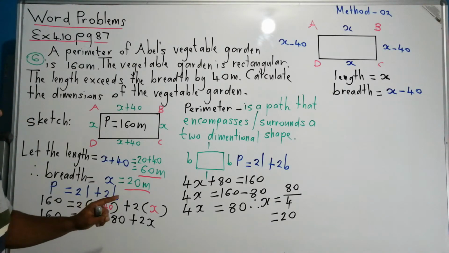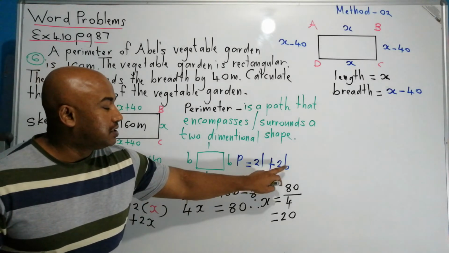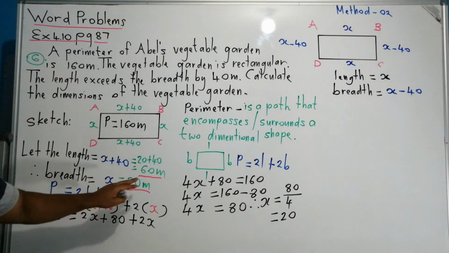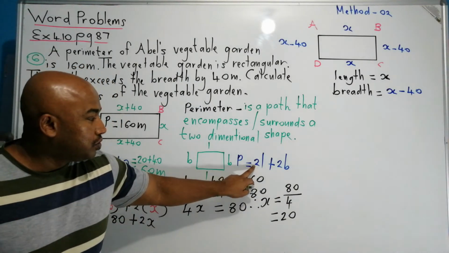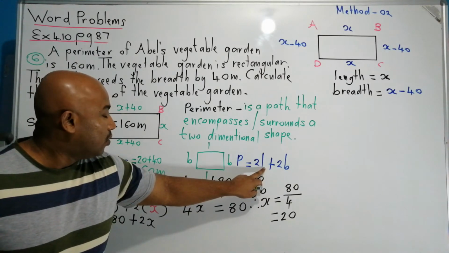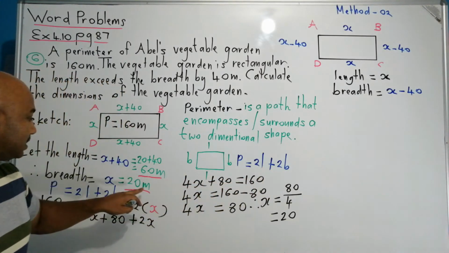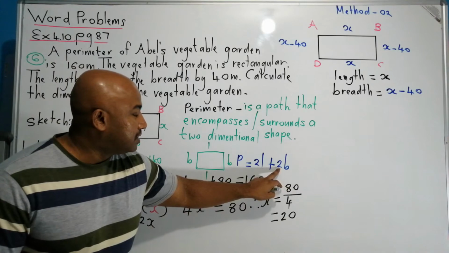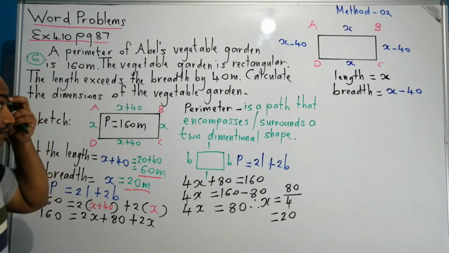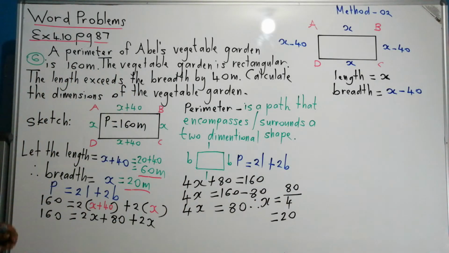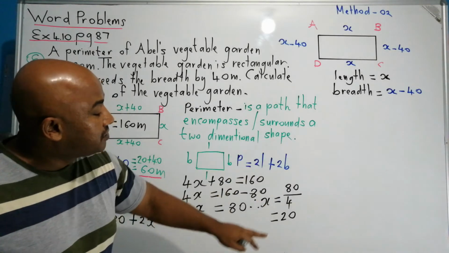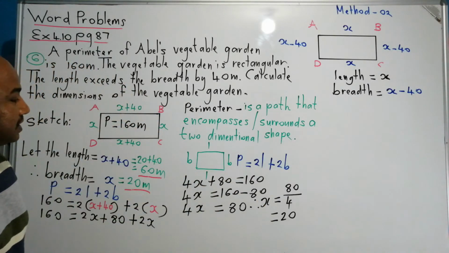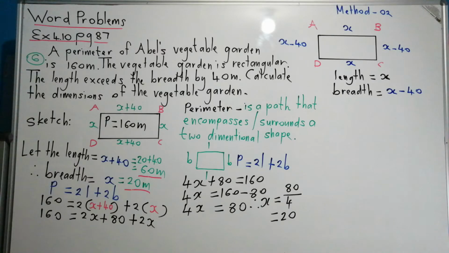So, the perimeter is 2 times the length plus 2 times the breadth. The length is 60. So, 2 times 60 is 120. The breadth is 20. 2 times 20 is 40. So 120 plus 40 will give you 160 there. So you know it works out perfectly.